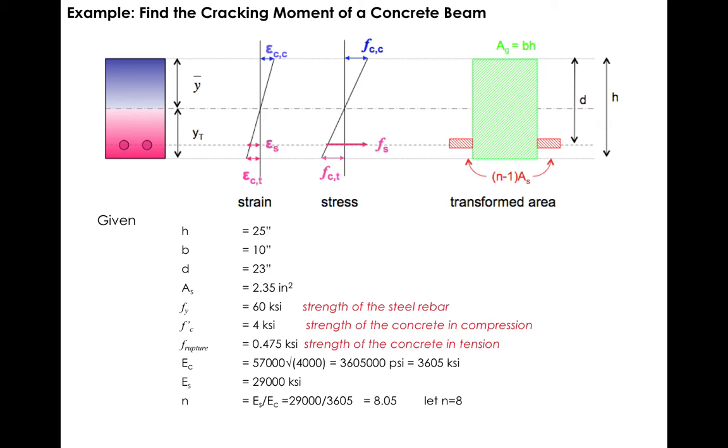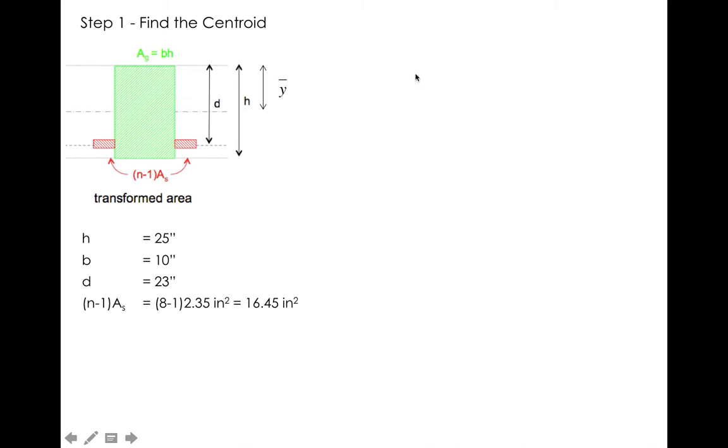Okay, so we've got to go ahead and find out the properties of this shape when it comes to bending, and those properties are Y bar, the centroid, and I uncracked transformed, also known as resistance to bending or second moment of area. So step one is to find the centroid. Centroid is the location of the neutral axis. It is where there's half material above the line and below the line, and we find it using the formula discussed in the previous video, which is a weighted average formula. This is it here.